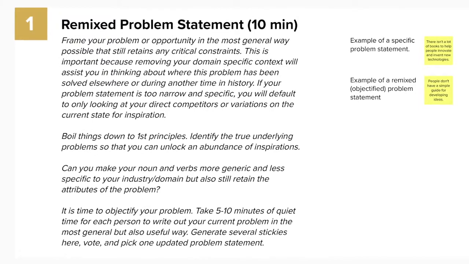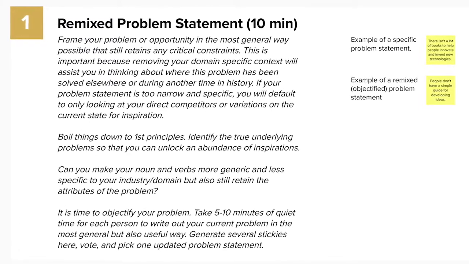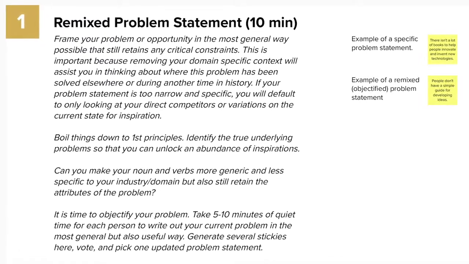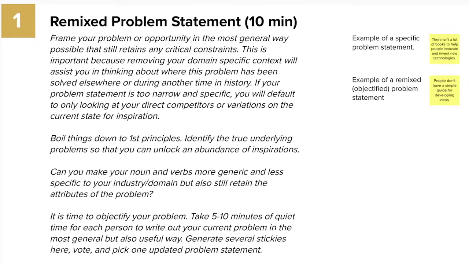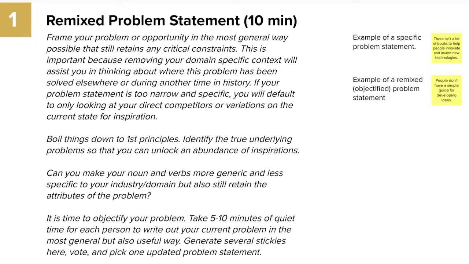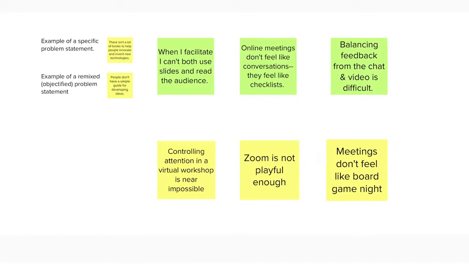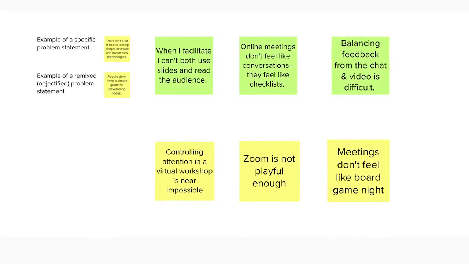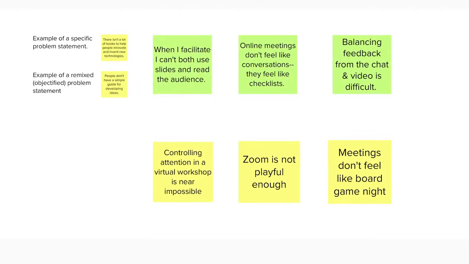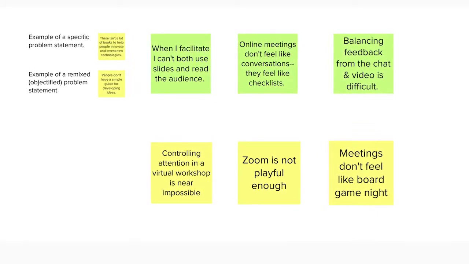You could also substitute the word problem with opportunity, but we like to keep it on a problem in this context. But if you do it with opportunities, it's no problem. And we've already filled this out so that we're not boring you with doing the workshop in full. This is actually with a problem that we are thinking about at Voltage Control.